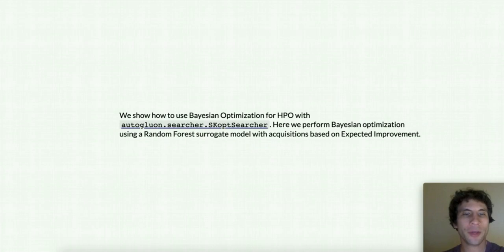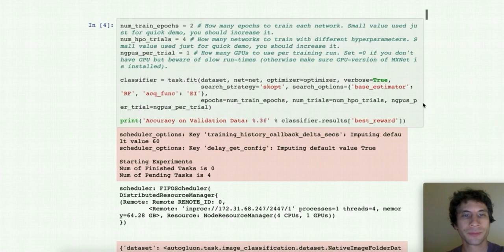Here we show how you can use Bayesian optimization for hyperparameter tuning inside of AutoGluon's fit. In this case, we'll use the AutoGluon skopt searcher, which uses a Bayesian optimization implementation from the scikit-optimize Python library. Here, just for fun, we'll perform Bayesian optimization using a random forest surrogate model with acquisitions based on the expected improvement acquisition function.